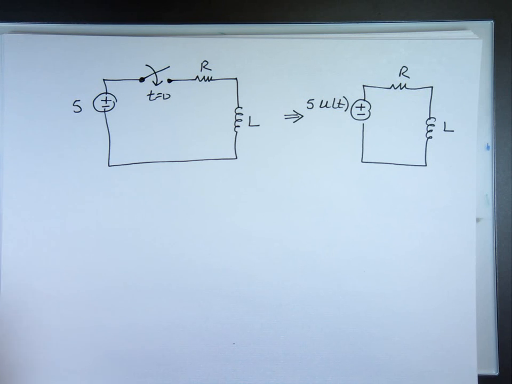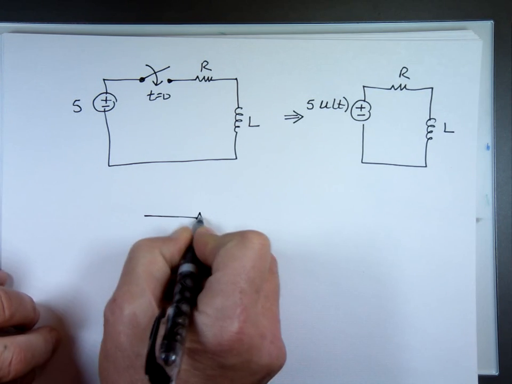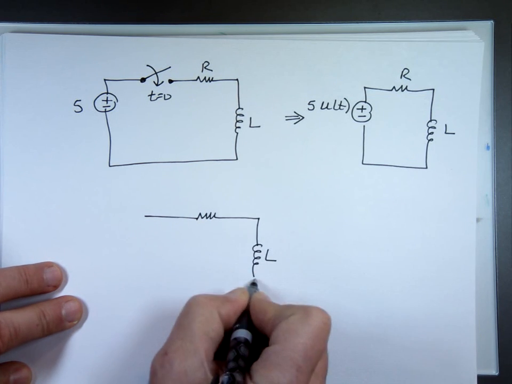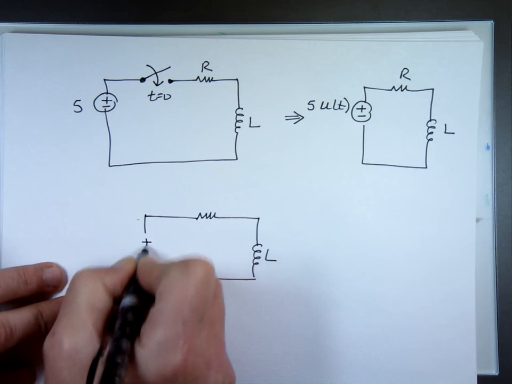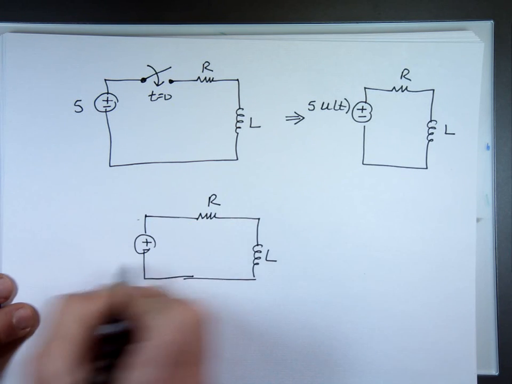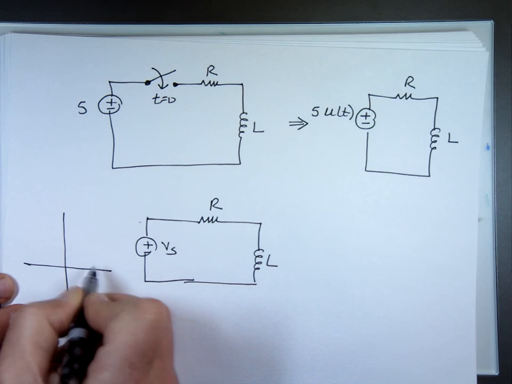What happens if your source looks like this? If you have a circuit, this is R here, and this is Vs. And Vs, I draw for you, looks like this.